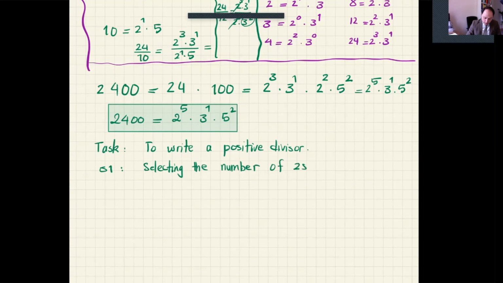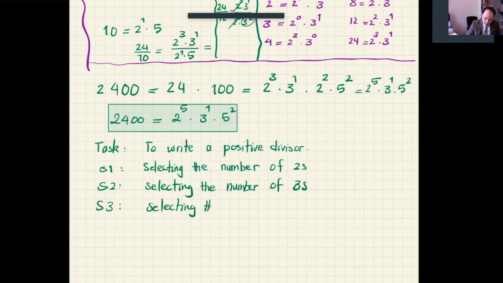And stage 2, for clear reason, is selecting the number of 3s, and then stage 3, selecting the number of 5s.